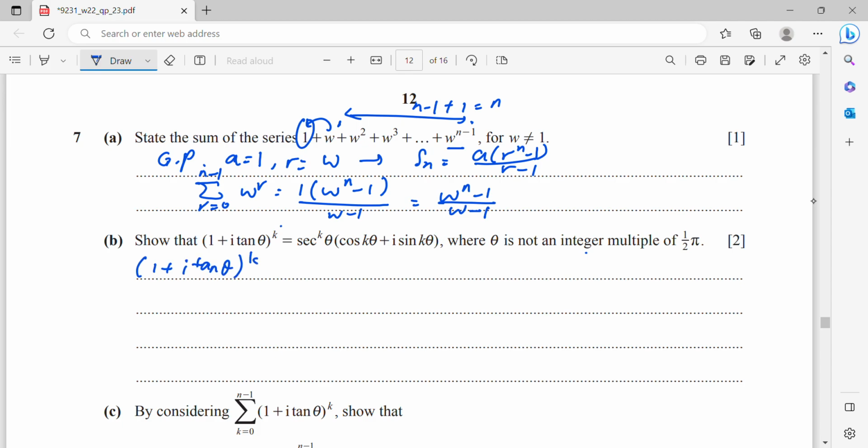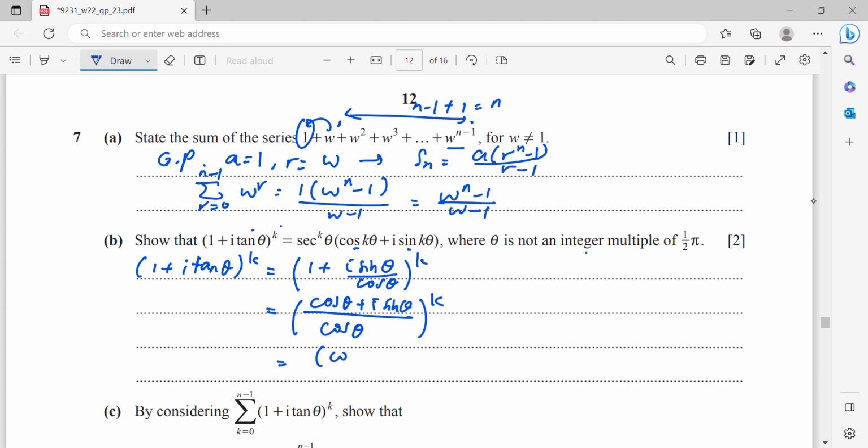When you look at the right-hand side here, there's no tangent, but you are given sine and cos, which means you have to change the tangent to sine and cos. Okay, and now you get the same denominator. So then I will split into numerator and denominator.